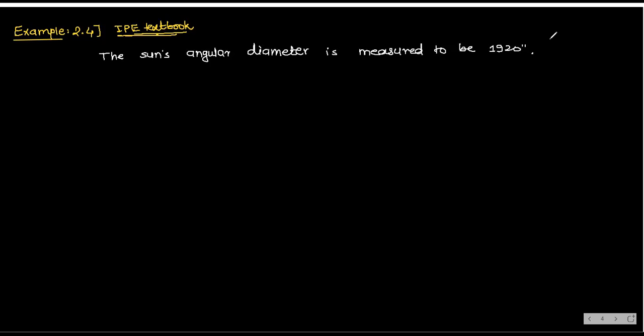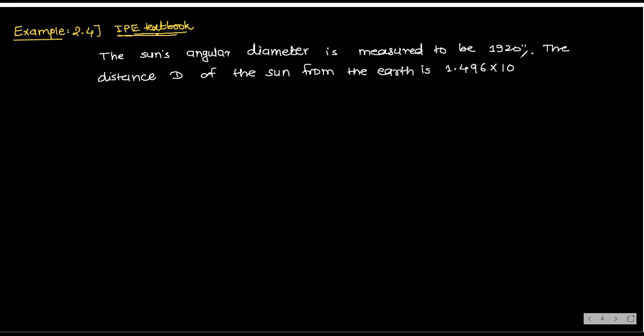The distance D of the sun from the earth is 1.496 into 10 to the power 11 meter.